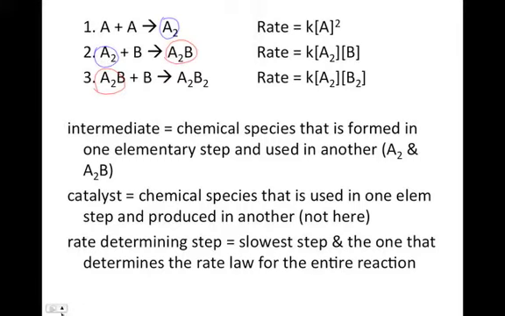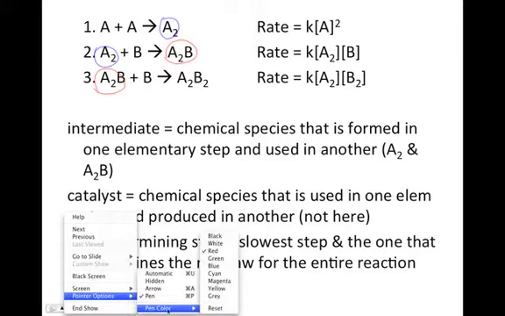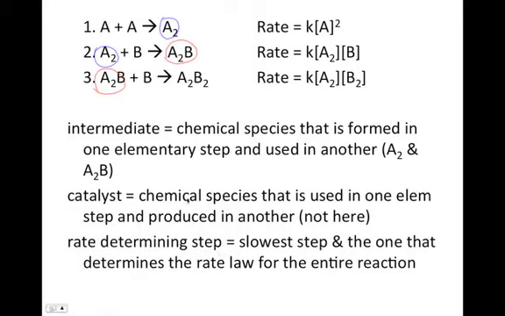And a substance that is produced and then used is an intermediate. A chemical species just refers to any compound or element that is in the reaction. And so the intermediate is the species that is first produced and then used up in a following step.